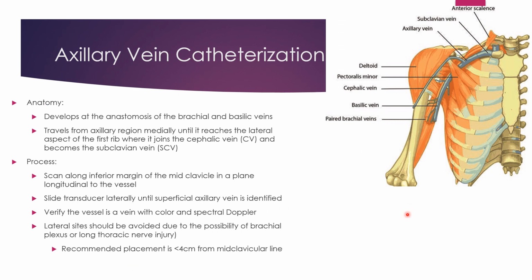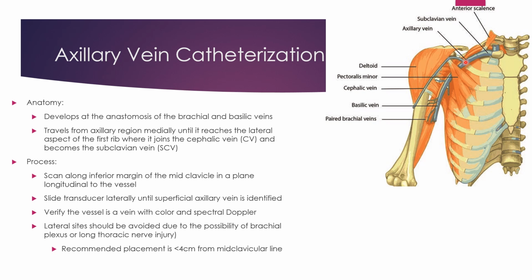So for the anatomy of axillary vein catheterization, we're just going to do a really quick review. The axillary vein starts where the brachial veins and the basilic vein anastomose, near the axillary region, and it becomes the axillary vein until it reaches the lateral margin of the first rib, and at that point the cephalic vein comes and anastomoses there.